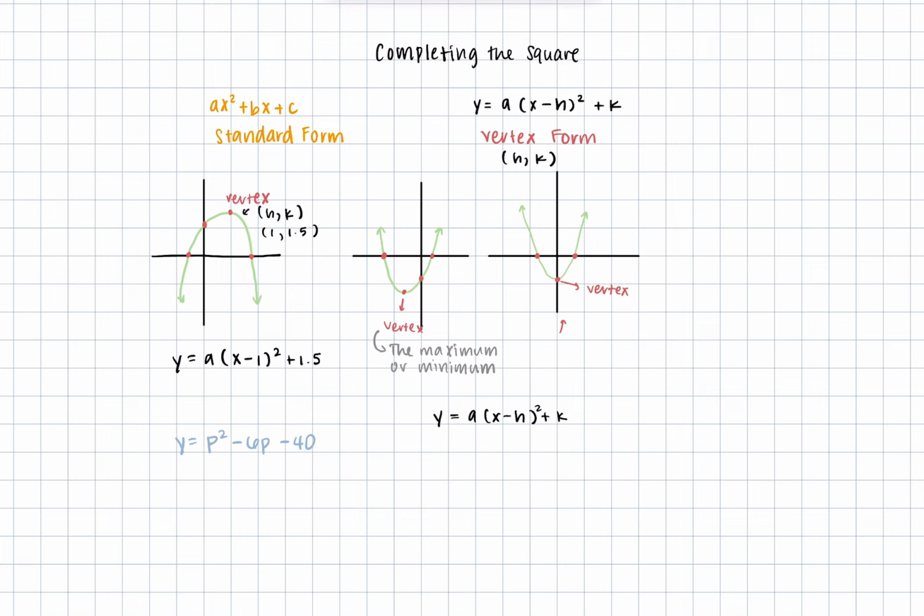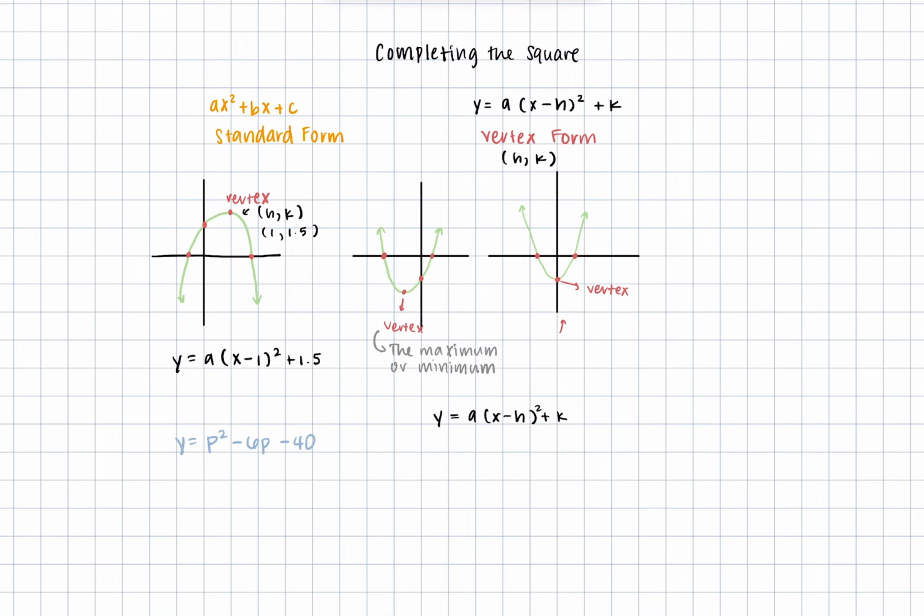This is because the vertex is the maximum or minimum of a quadratic function, and its coordinates can be identified as h, comma, k. So this point right here, the maximum, is the vertex, so the coordinates would be 1, comma, 1.5.